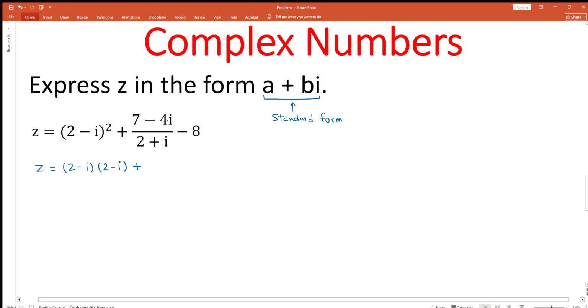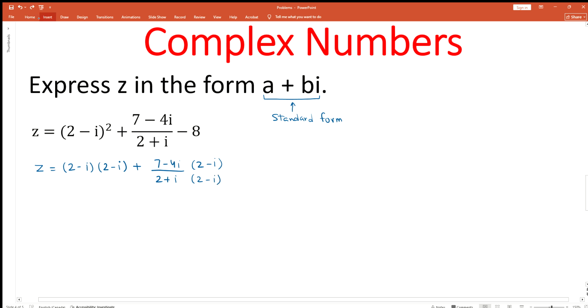In the standard form, there is no i in the denominator. Conjugate is an expression which has the same terms but opposite sign between the terms. So we should multiply (7 minus 4i) over (2 plus i) by (2 minus i) in the numerator and denominator.